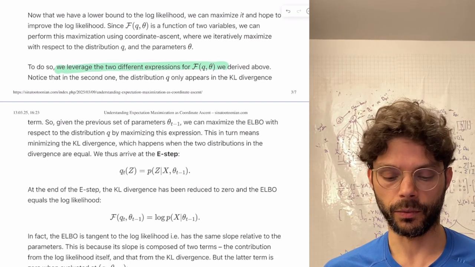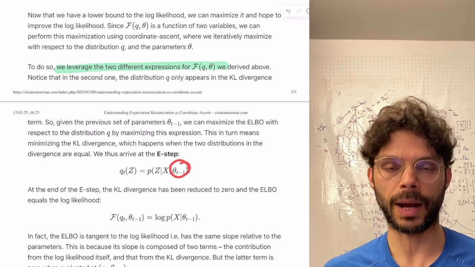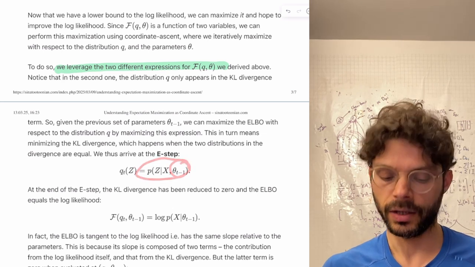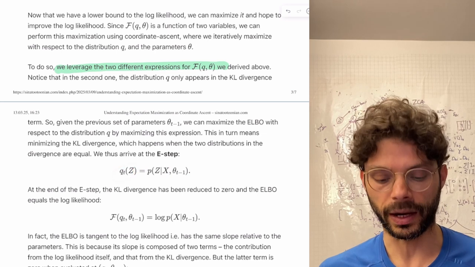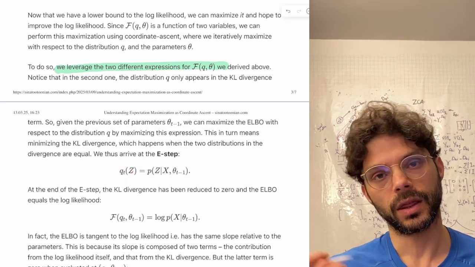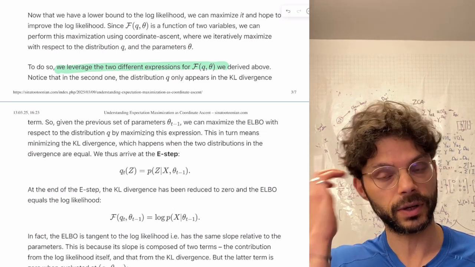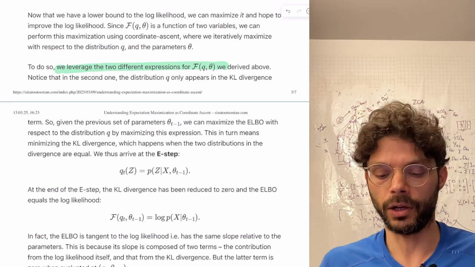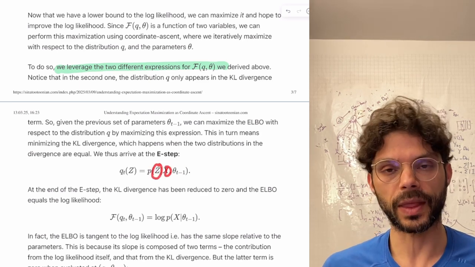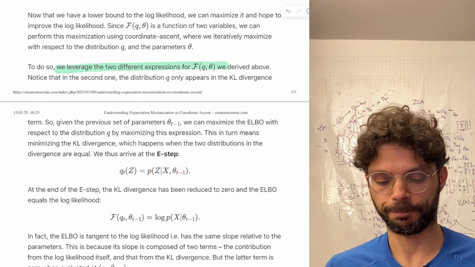We want to know what z is. Well, let's just take the old parameters, plug them in, and get a distribution over z. So in the E step, we just do that. Our distribution is the posterior on those latents. So it's not really a guess, but our state of knowledge about those latents, given the data and our previous set of parameters.